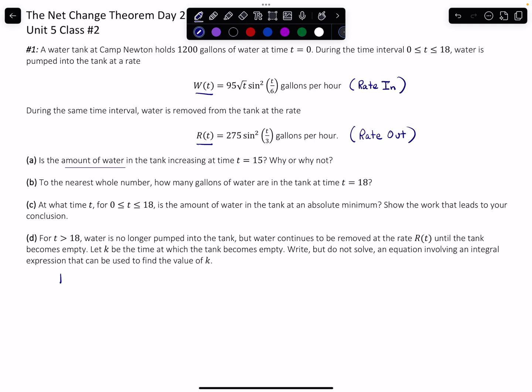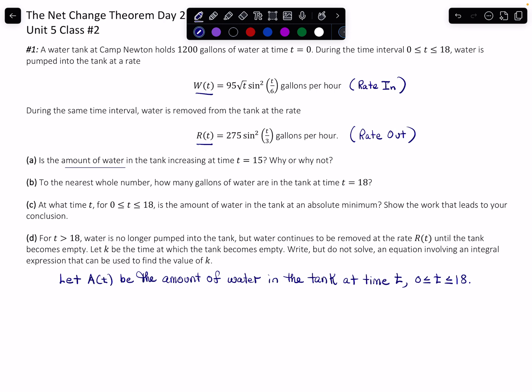So we'll say let A of t be the amount of water in the tank at time t. If we got uber specific, t is in the interval they're talking about, from 0 to 18. You're better being specific than not, especially if you're going to define your own function.